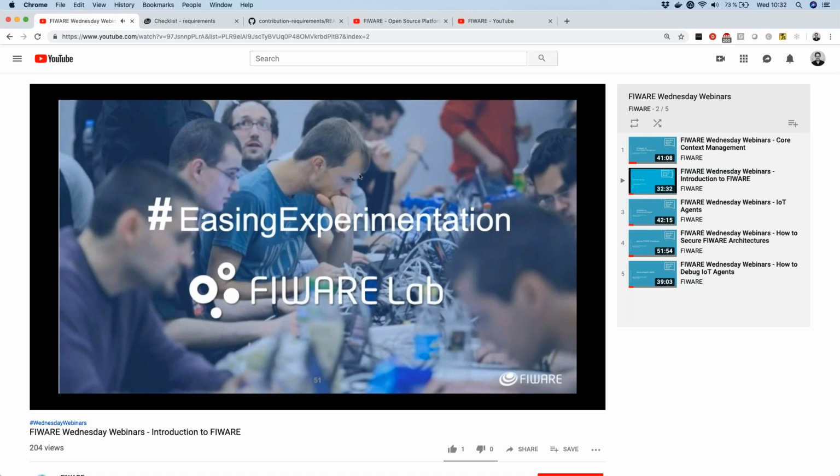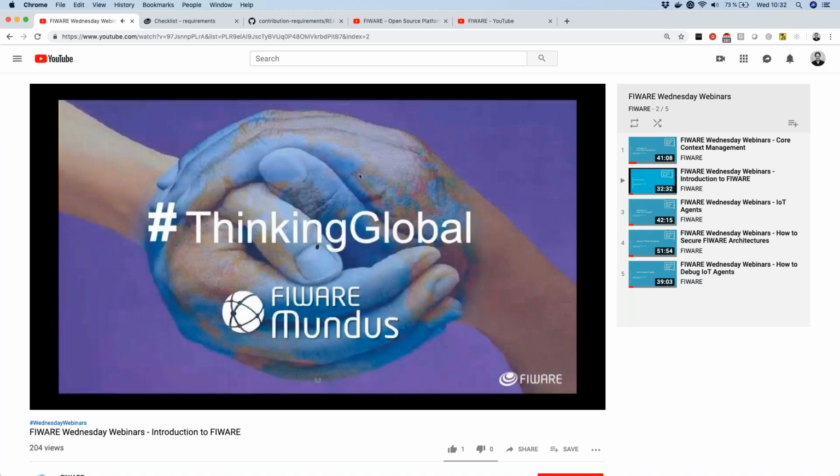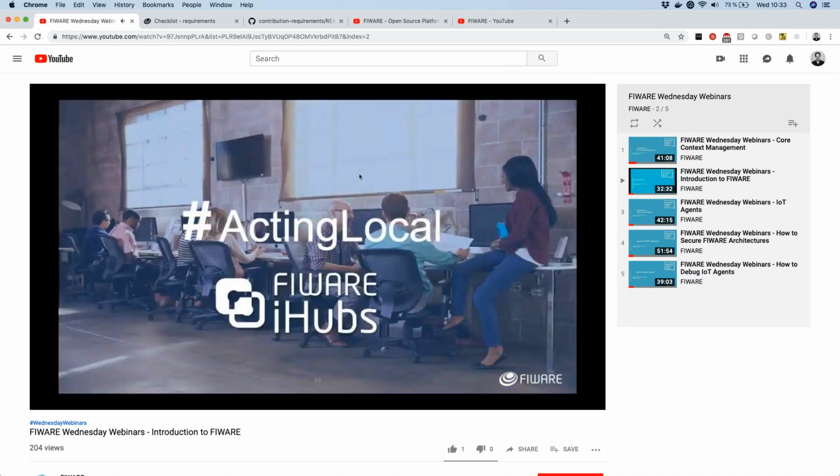What is the test bed for it? That's the FIWARE Lab. What is the initiatives globally? That is FIWARE Mundus. Each one of these has got a one sentence or two sentence description.